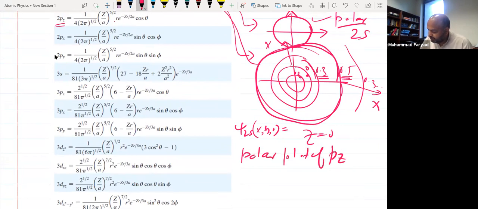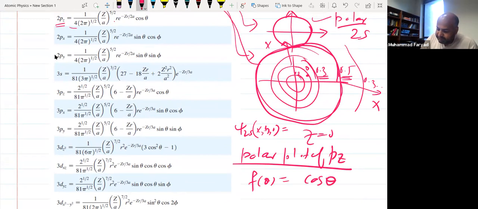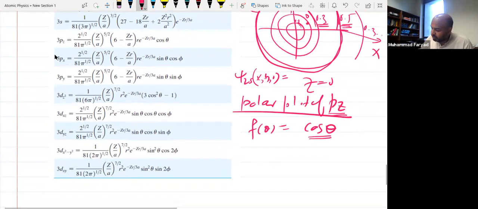We will actually have a function which is only proportional to cosine theta, right? Because in PZ, this is all a function of r, and if I fix r, this is just a constant. So for the polar plot of PZ, I only have cos theta. And the polar plot of cos theta is something like this.